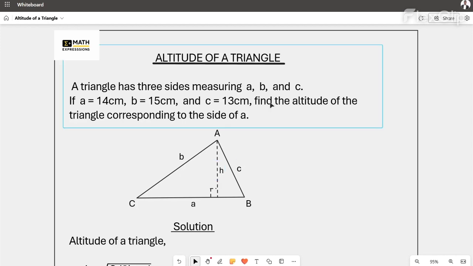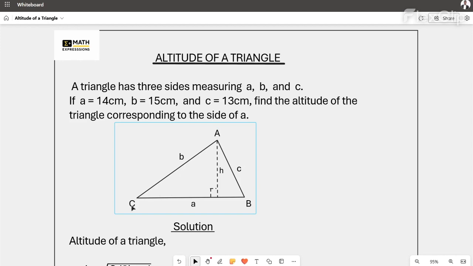The question says, find the altitude of the triangle corresponding to the side of A. This length you are seeing here, A, is the base length of this triangle in this case, because the question says we should find the altitude corresponding to this side of A. So this line H is the altitude of the triangle, or height of the triangle in other words.